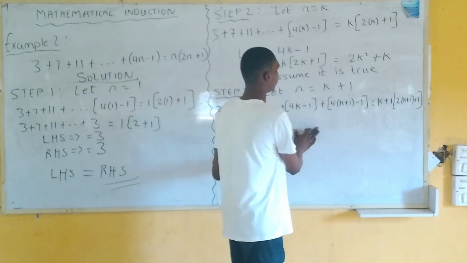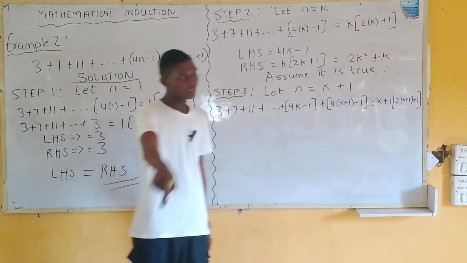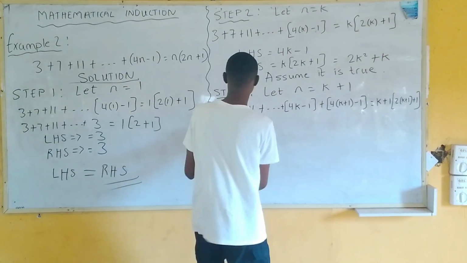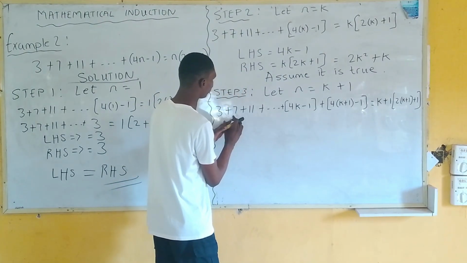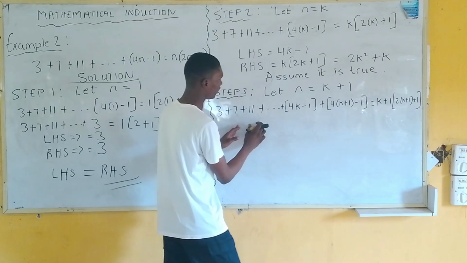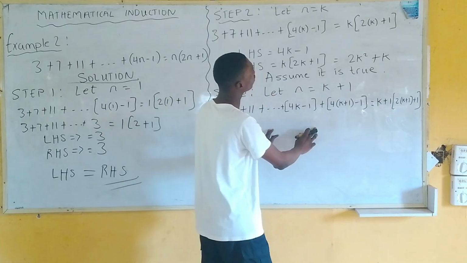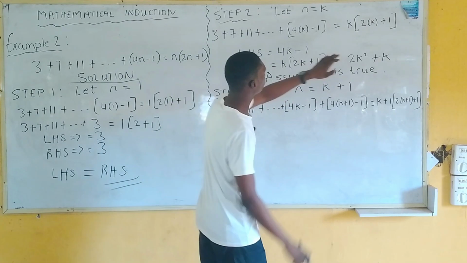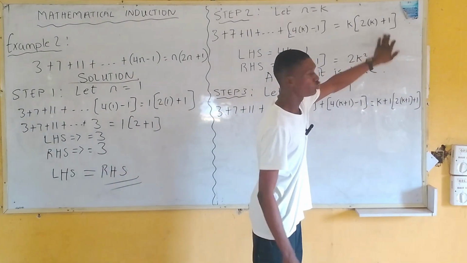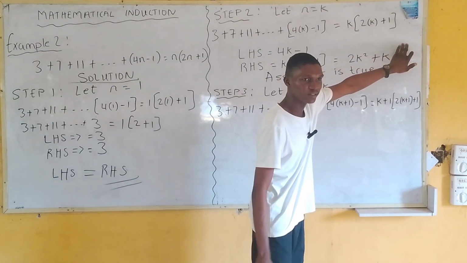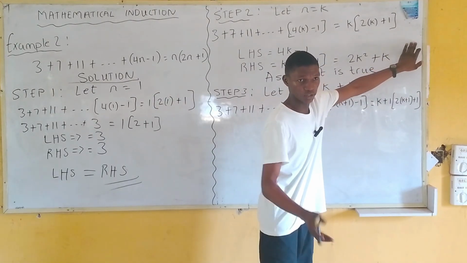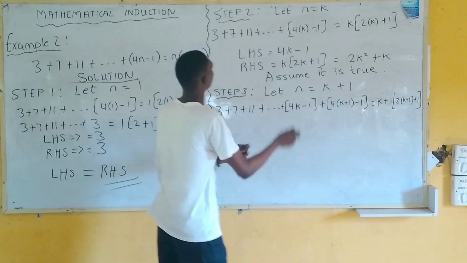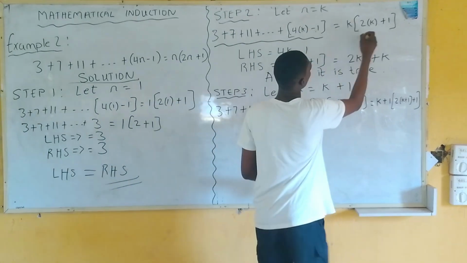Alright. So here now, I don't want you to make the same mistake we made earlier. So I now write the question back. This 3 plus 7 plus 11 plus up to this is now equal to 2k square plus k. Do you get what I'm saying? This now is equal to this.